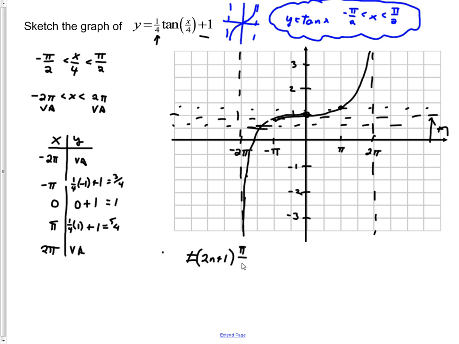But the argument in this case is the value x/4. So in order to get x by itself, we multiply both sides of the inequality by 4, and we get 2n plus 1 times pi. And so our domain is the set of all values of x such that x is not equal to 2n plus 1 odd multiples of pi.